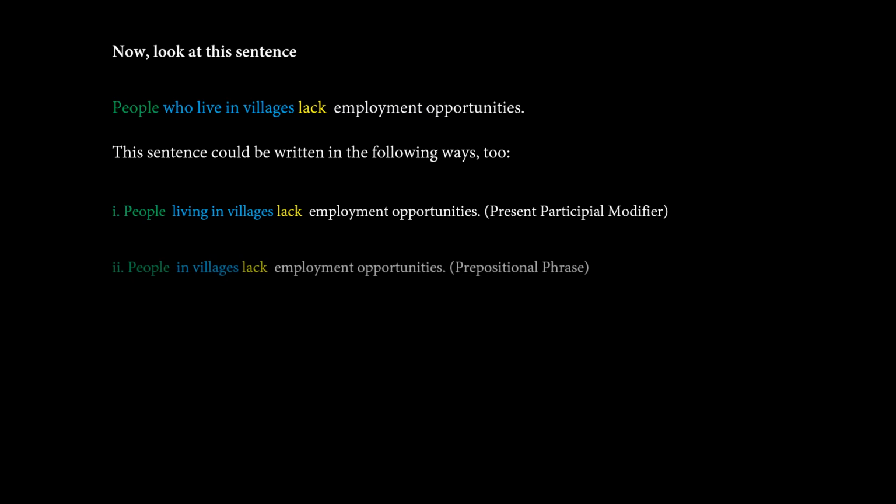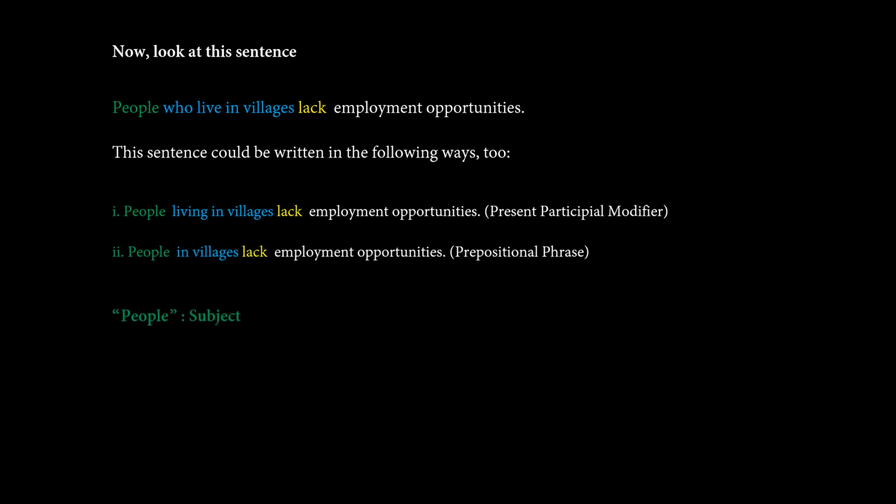Now look at this sentence. People who live in villages lack employment opportunities. This sentence could be written in the following ways too. People living in villages lack employment opportunities. People in villages lack employment opportunities.